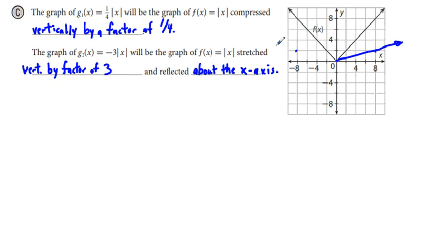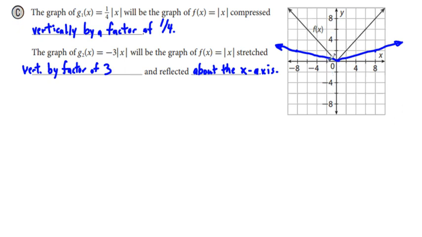Okay, and next it says vertically stretched by a factor of 3. So what that means is, and we're going to be turning this thing upside down and do this in red. So by a factor of 3, we're going to take where this is 1, would be up 3, but we'll bring this down below the x.